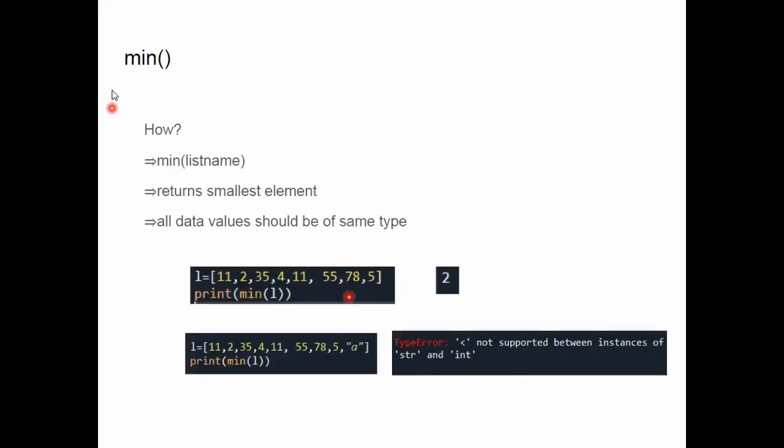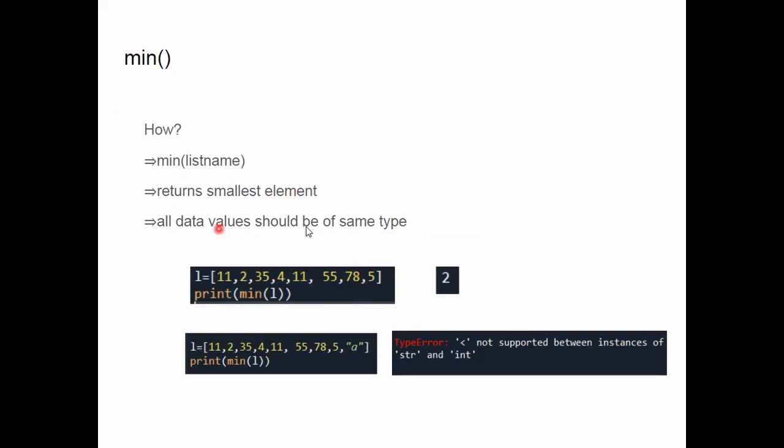Now we are having the minimum function. It's very simple. It's going to find out the least value present in your list. The way of using it is min. It is going to return the smallest value, and as it returns something, it can be used with a for loop, if statement, print statement, assignment, and while loop.